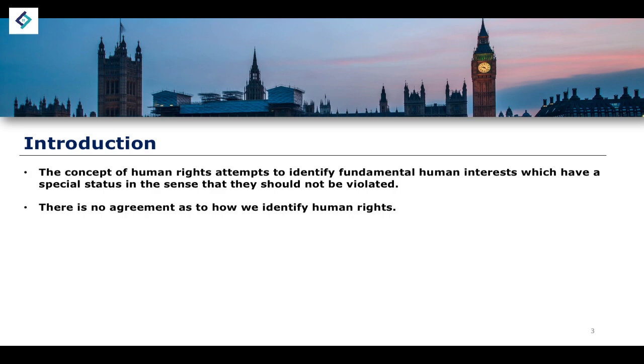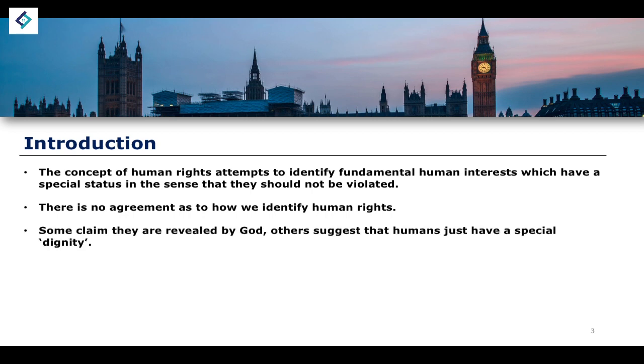So maybe for practical reasons, it might be a useful tool to be able to apply the language of human rights. Some use it on a justice-based reason, saying that the rhetoric and the language of human rights is a precise tool for the implementation and the perpetuation of justice. That is an argument that's presented by Finnis in the 1980s. Now, some claim that human rights are revealed by God.